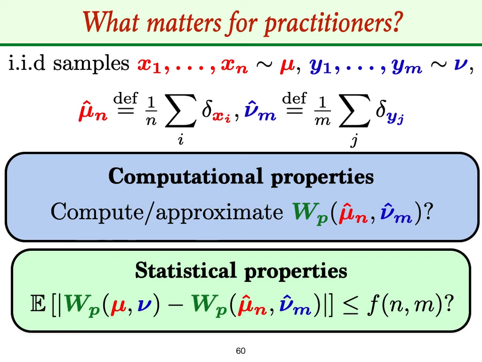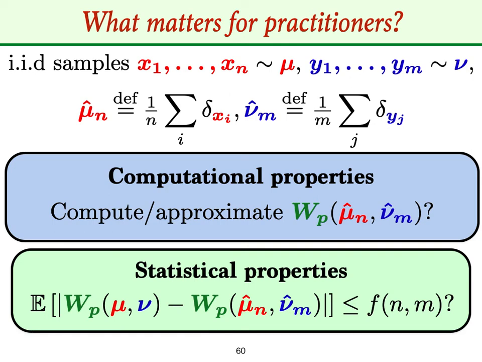We never have the full picture of what the measure looks like. And what I have basically presented so far is when those measures are not one-dimensional or not Gaussians, then we rely on samples to compute the Wasserstein distance. Essentially, we compute the Wasserstein distance between the samples, and hopefully this will approximate the Wasserstein distance between the original measures.